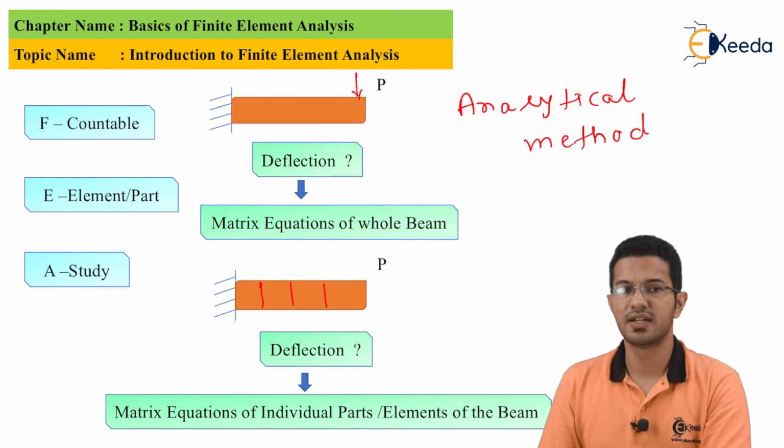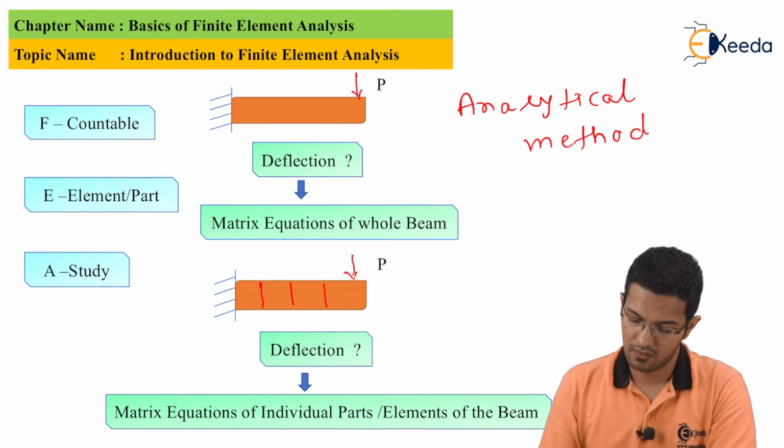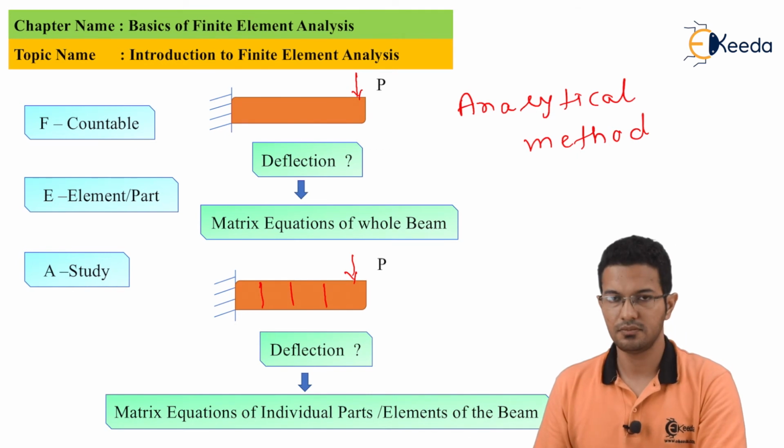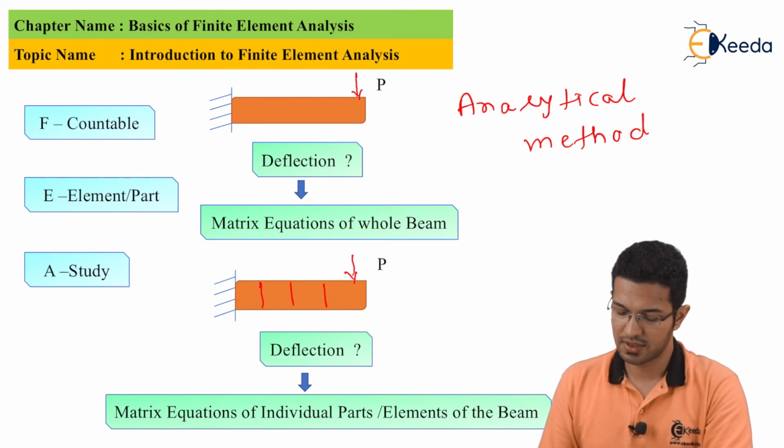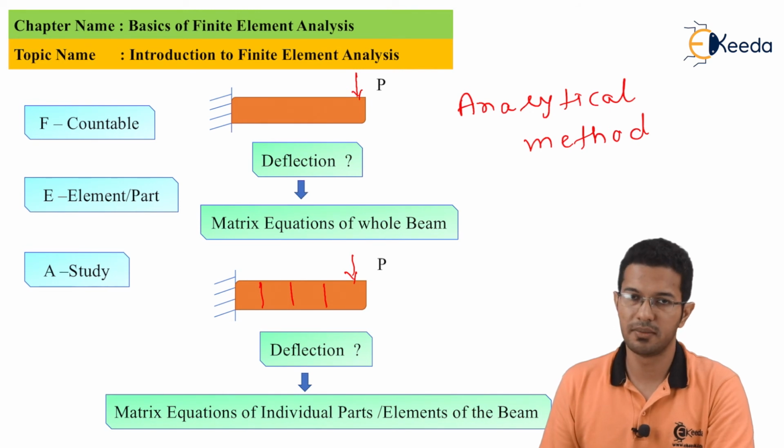So once we discretize this part with the load P, the first step we do is discretizing it. Now we go for the matrix equation of the individual parts or elements of the beam. Next, we go for the integration of all the answers that we get from the matrix equations.